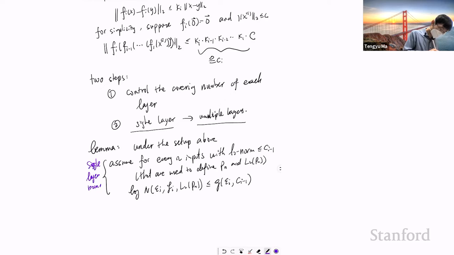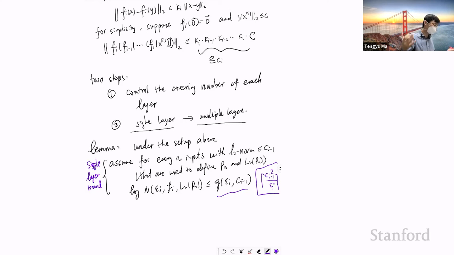I didn't give you the exact formula. If you instantiate on a linear model, you get something like c_{i-1}^2 over epsilon^2, the norm of the input squared over epsilon squared.